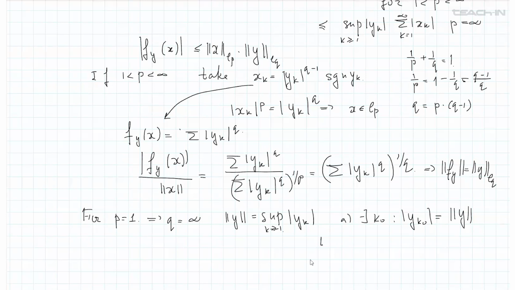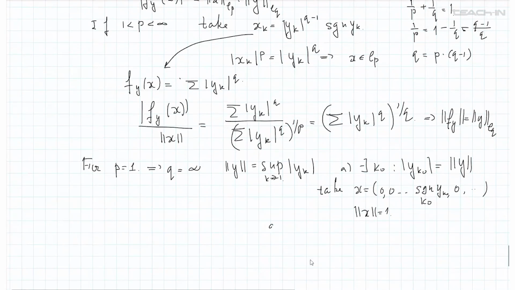So take x equal to 0, 0 and on the k0 place put the signum of yk0 and then again 0, 0. Of course, the norm of x equals 1, and f on this x just equals yk0, which equals the norm of y in L infinity.